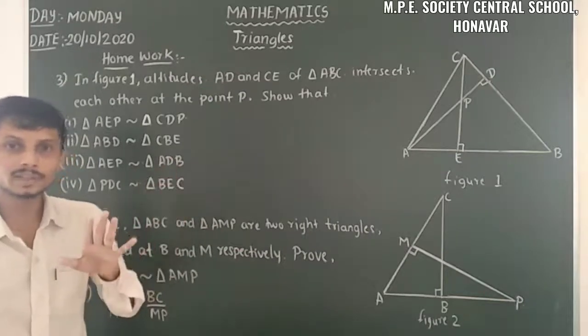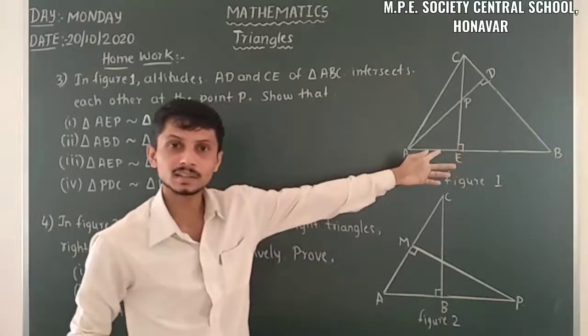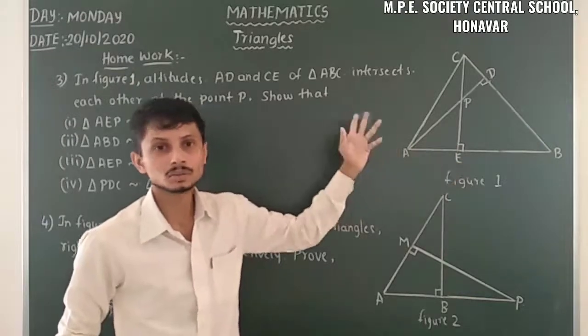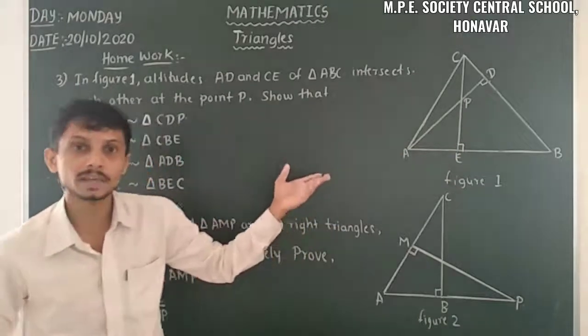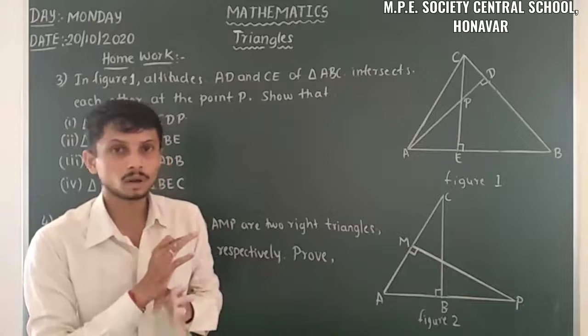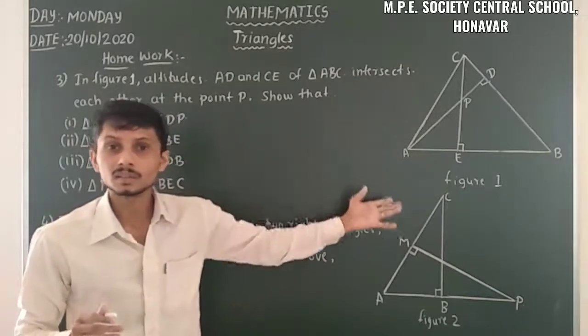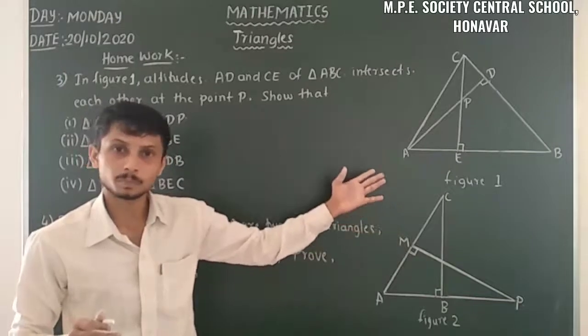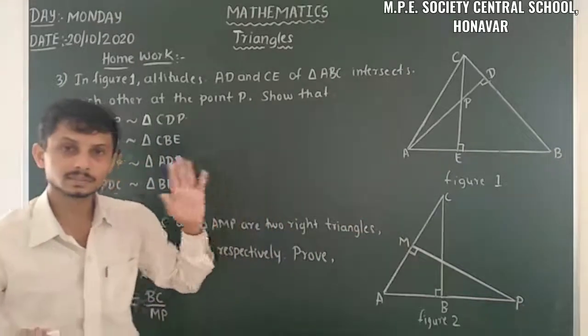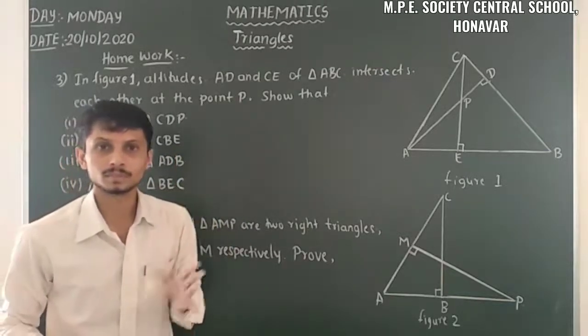I will give you the hint that one is 90 degrees there, so we can utilize that. Sometimes we have some common angles there. So try to recognize what the common angles are and what the right angles are. Keep that in mind, and after that you have to solve this problem.